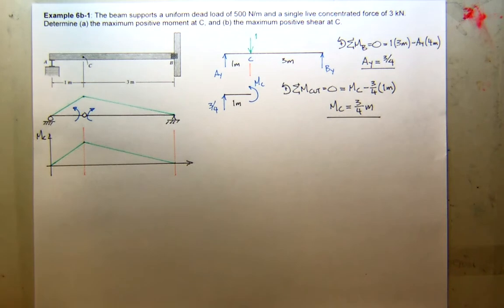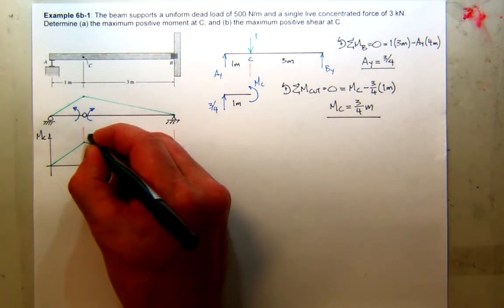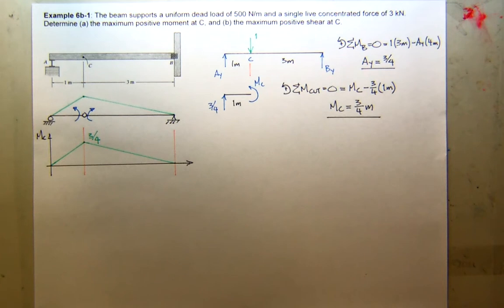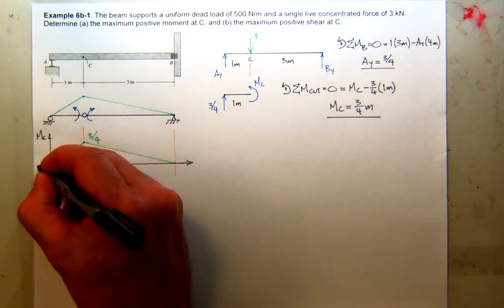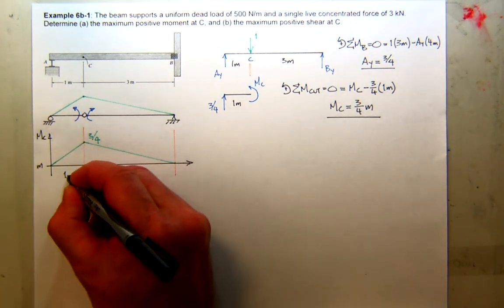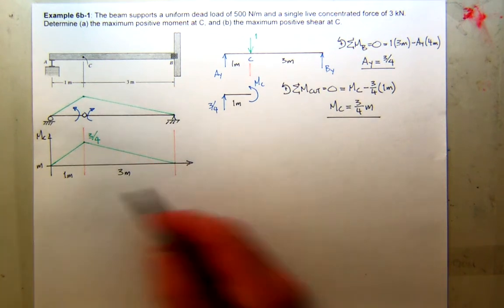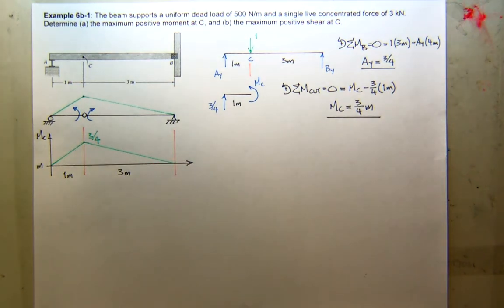And now we've just found out the value. This is 3/4. And all these values will be in meters, and we know these dimensions are 1 meter and 3 meters. So there's my influence line for the moment at C. Okay?